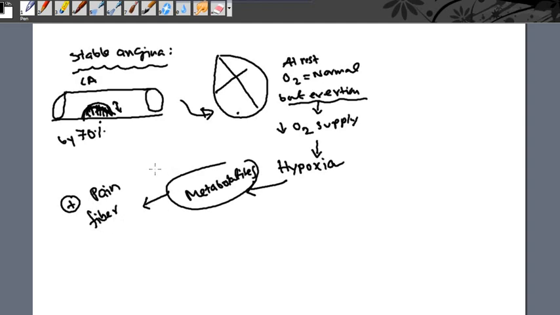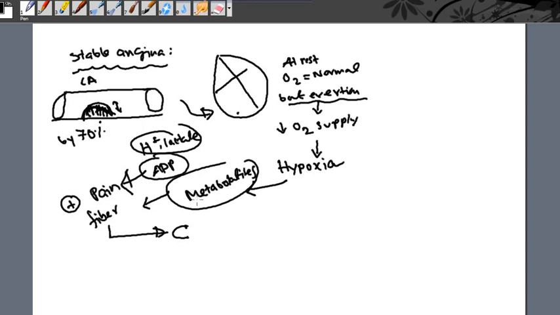So when these metabolites like ADP, adenosine, hydrogen or lactate, in hypoxic condition, stimulate the pain fiber in the cardiac muscle cell, patient will feel chest discomfort or chest tightness, right? Or compression-like sensation in the chest, and this sensation can radiate anywhere from C7 to T4 dermatome, right?